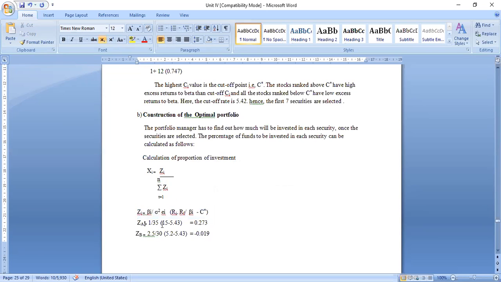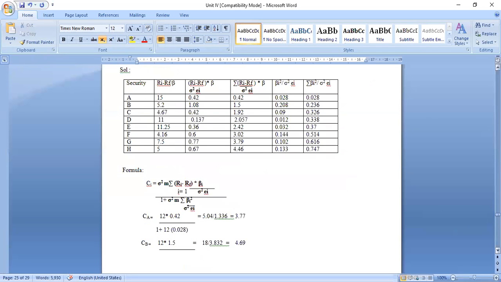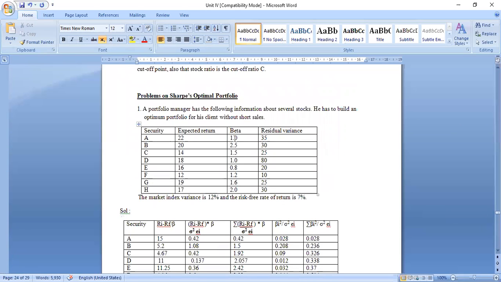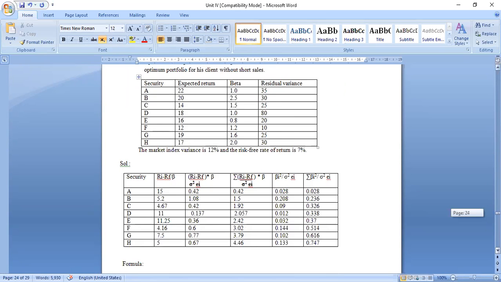Now the beta for security A. This table is going to be of utmost use when we insert the values in the formula. Now for security A, the beta, yes, we will take this from the problem. The beta for security A is 1.0.